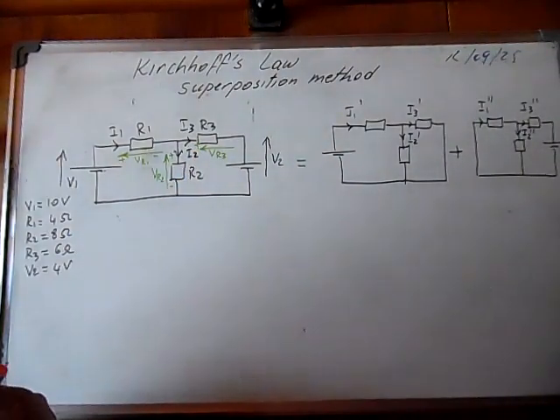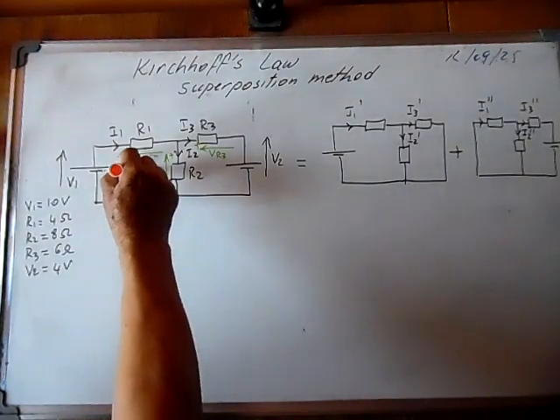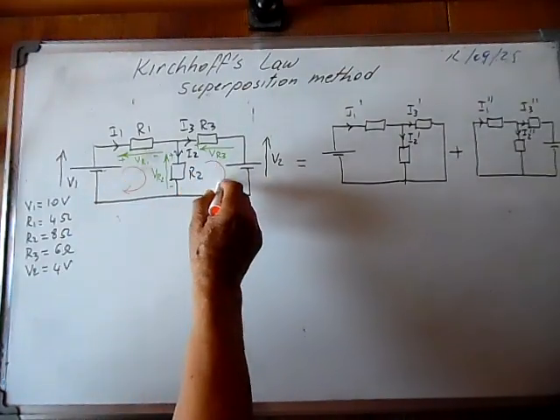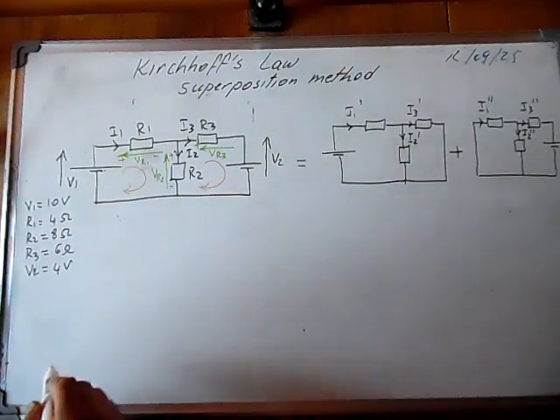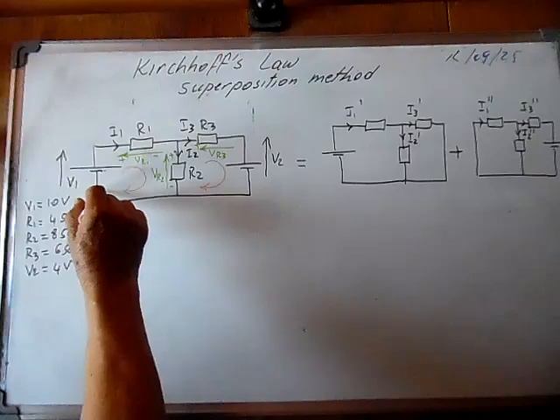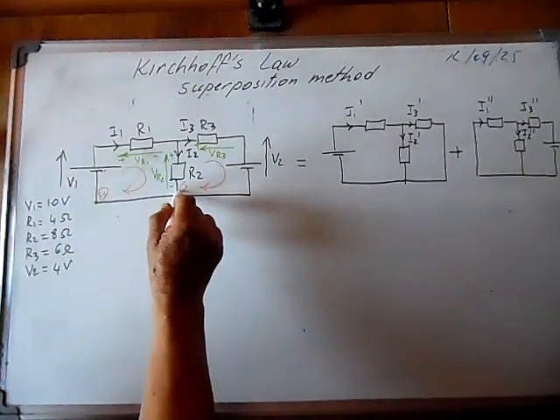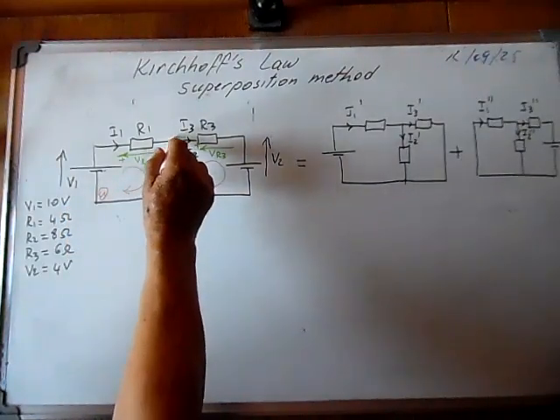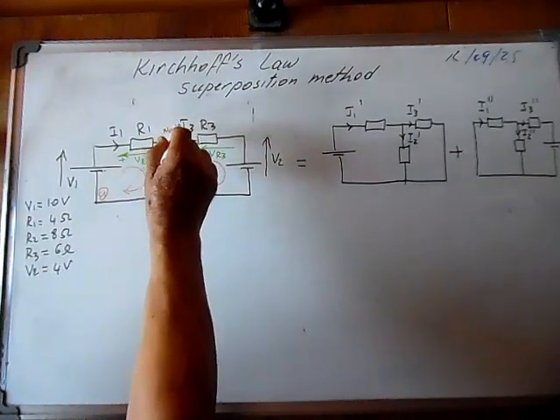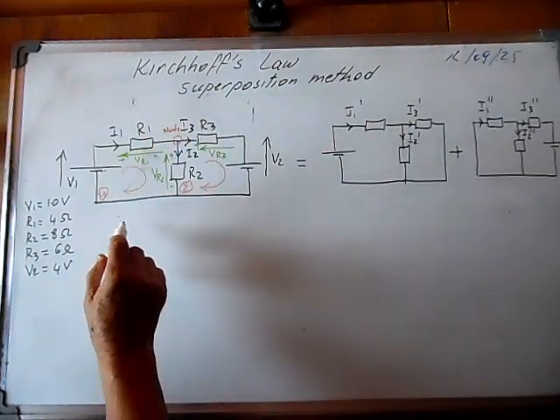And then we can choose a direction of writing these equations. We choose the clockwise direction. This is loop 1, loop 2, and this node here. So we can write three equations.